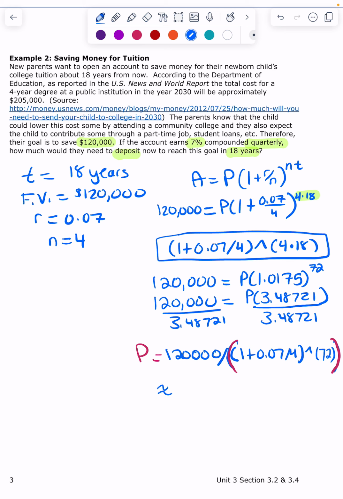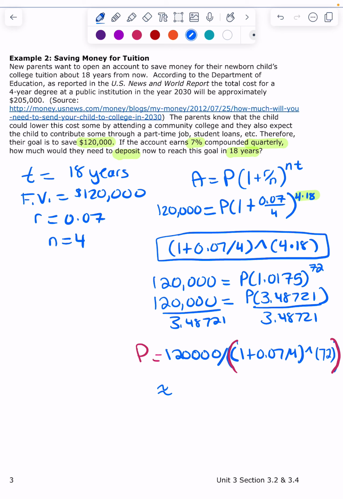So I'm going to put everything in my calculator right now, just how I have given it to you. So 120,000 divided by 2 parentheses and then 1 plus 0.07, close one of the parentheses.